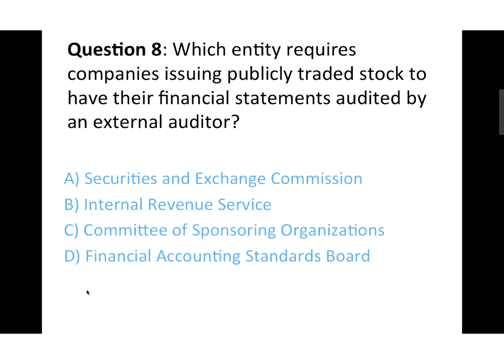So the answer is not B, it is not C, it is not D, okay? So the answer is not Internal Revenue Service, it is not Committee of Sponsoring Organizations, it is not Financial Accounting Standards Board.